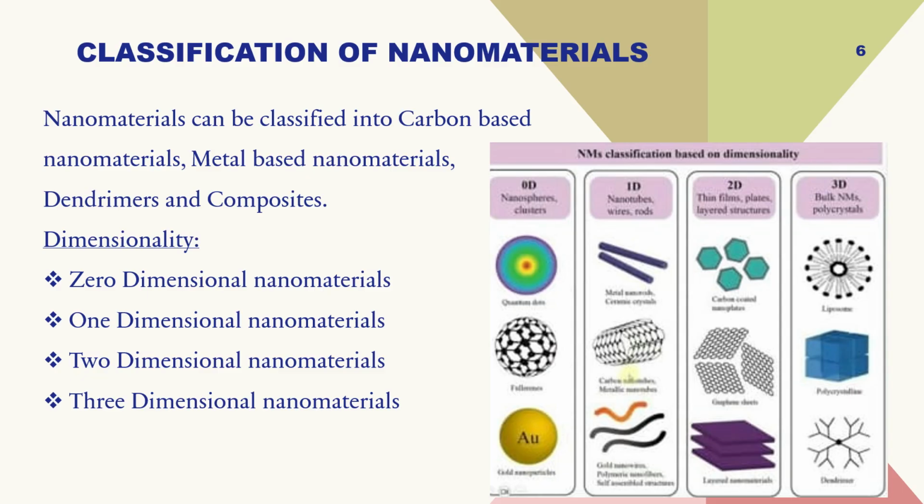Next, the carbon based nanoparticles. There are a variety of carbon based nanoparticles, which have a lot of applications in various fields. The nanoparticles which are made completely of carbon are known as carbon-based nanoparticles.